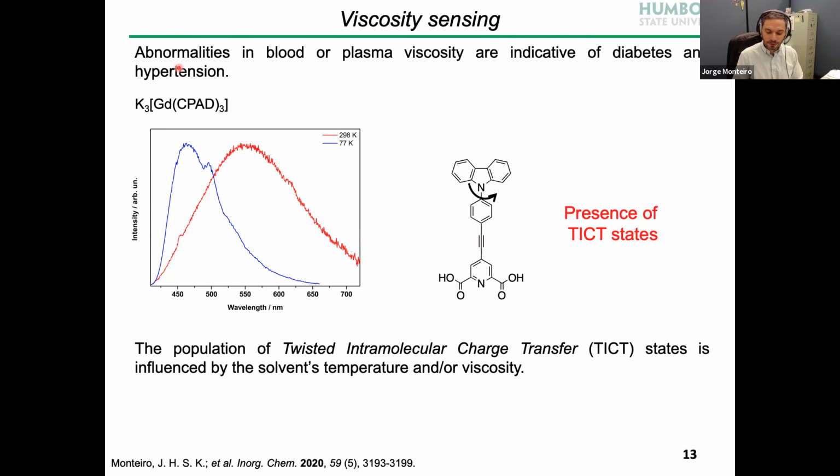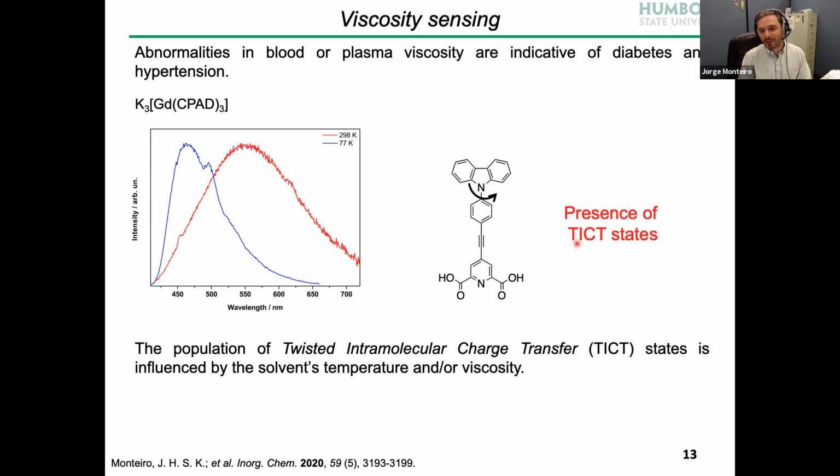Okay, so to measure the viscosity in microscopic systems, we cannot use any physical method, so we need some sort of molecular probe. And what we noticed here is that this nitrogen-carbon bond can rotate, okay? So that rotation will either align the rings or have them be angled.